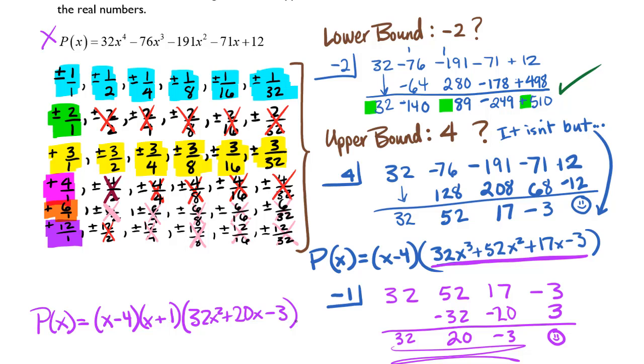Now, before you try and do anything fancy with synthetic division, what you should be thinking about is taking this quadratic that I just found, the remainder of my second set of synthetic division, and putting that into the quadratic formula.